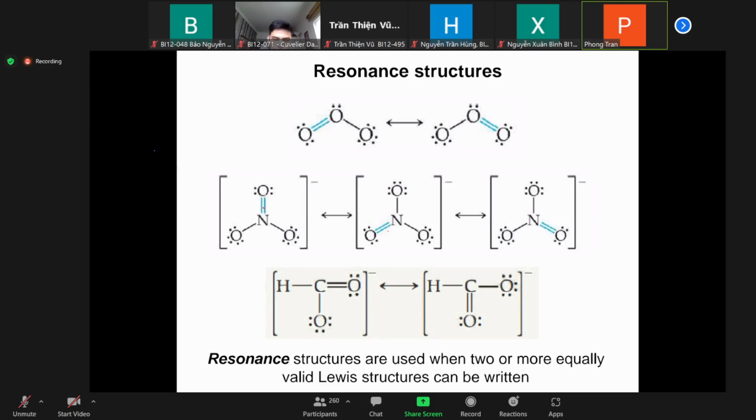So for example, when we use the Lewis structure to draw NO3 minus, the oxygens are not identical.